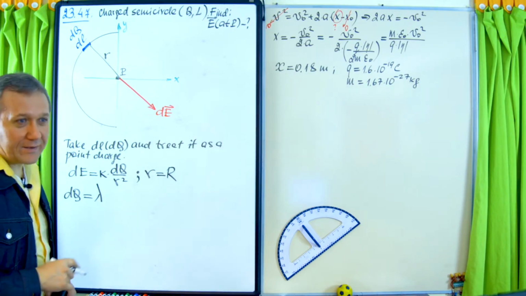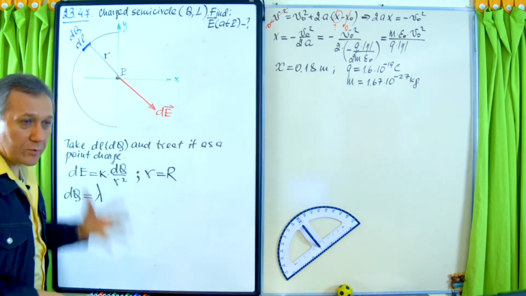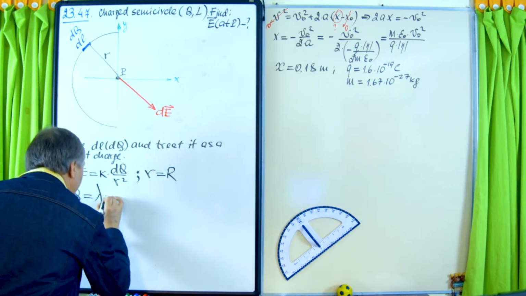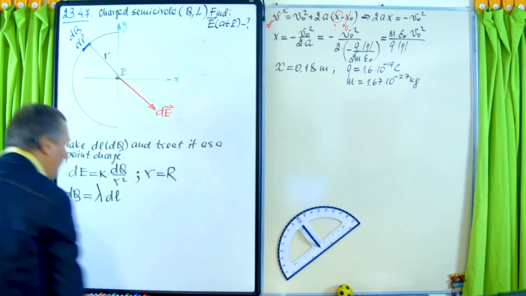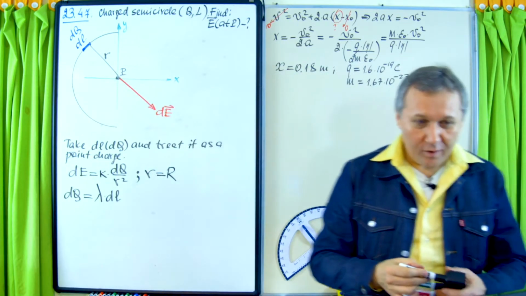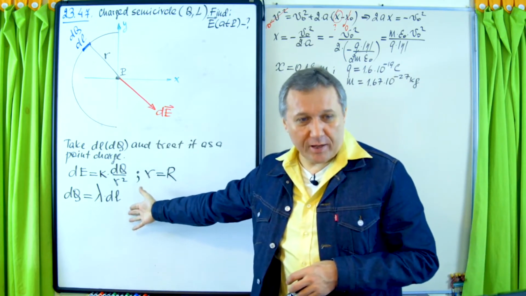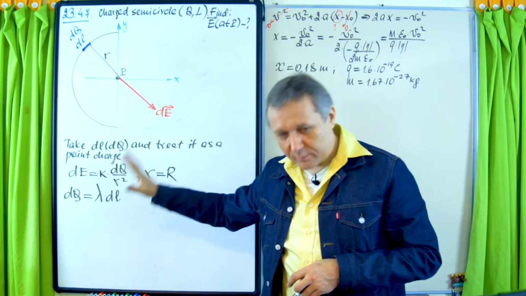Again, that slide from the lecture. And in order to find the amount of charge in this small section, we need to multiply it by dl. Right. And so now, it looks like we introduced the variable of integration L. I don't know if it's good or not, we will see.